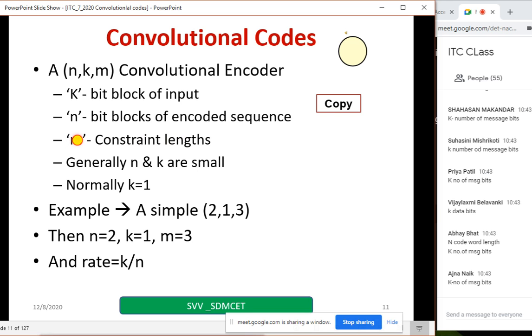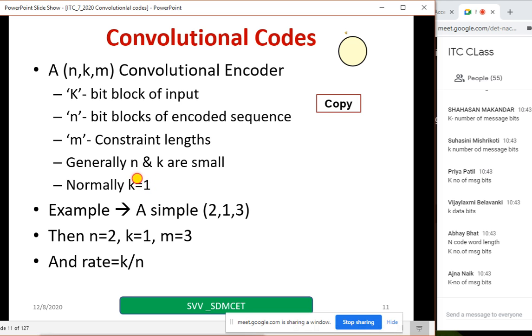As of now, you have to remember N means total bits, K means data bits, M means memory or constraint length. Generally, N and K are very small compared to linear block codes. Normally, throughout our syllabus, K will be equal to 1, which means the input we give at a time is only 1 bit.